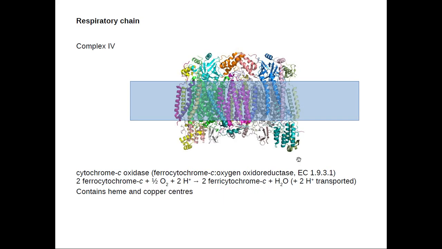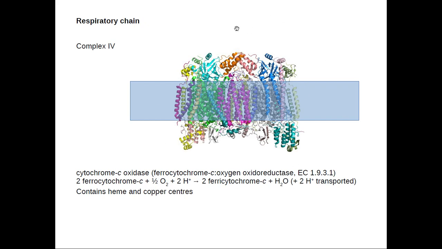And finally, this cytochrome C delivers electrons to cytochrome C oxidase, which is complex 4, and this complex 4 oxidizes the cytochrome C back to its oxidized form, and it reduces molecular oxygen, and it forms water.